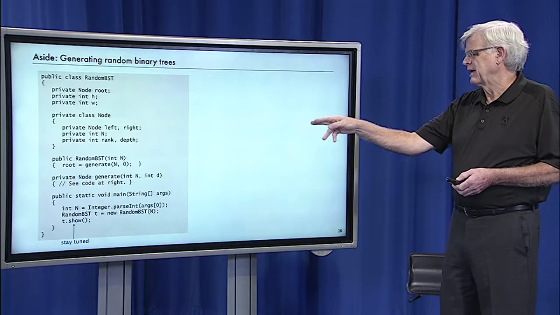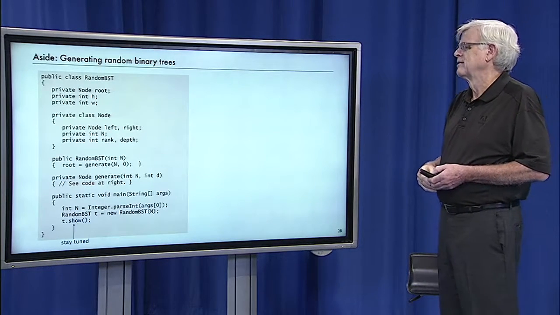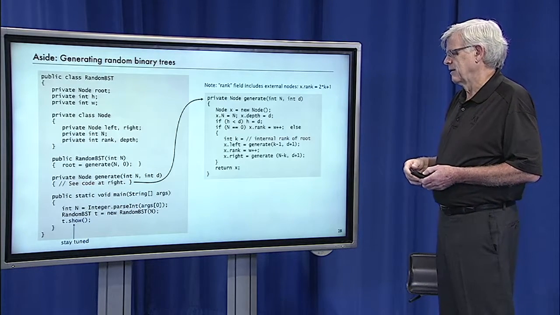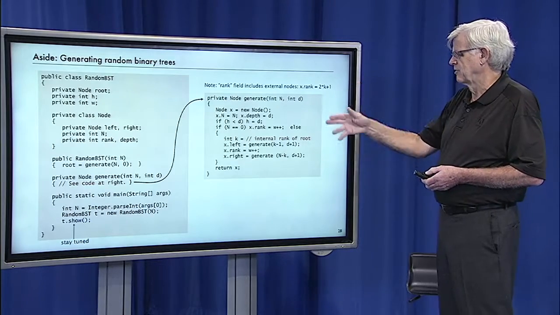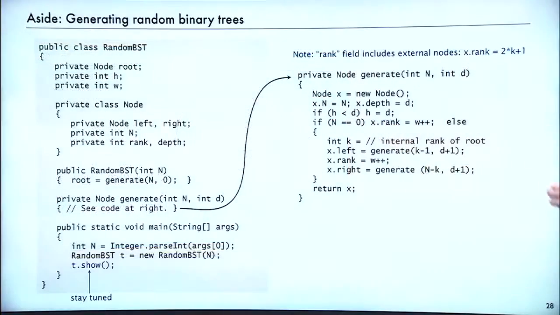from the algorithms book site to do the drawings. But what I want to talk about now is the generate method that's supposed to generate a new tree at a certain depth. That node is basically a recursive program that computes the internal rank of the root according to the appropriate probability distribution, and then recursively generates trees on the left and on the right.